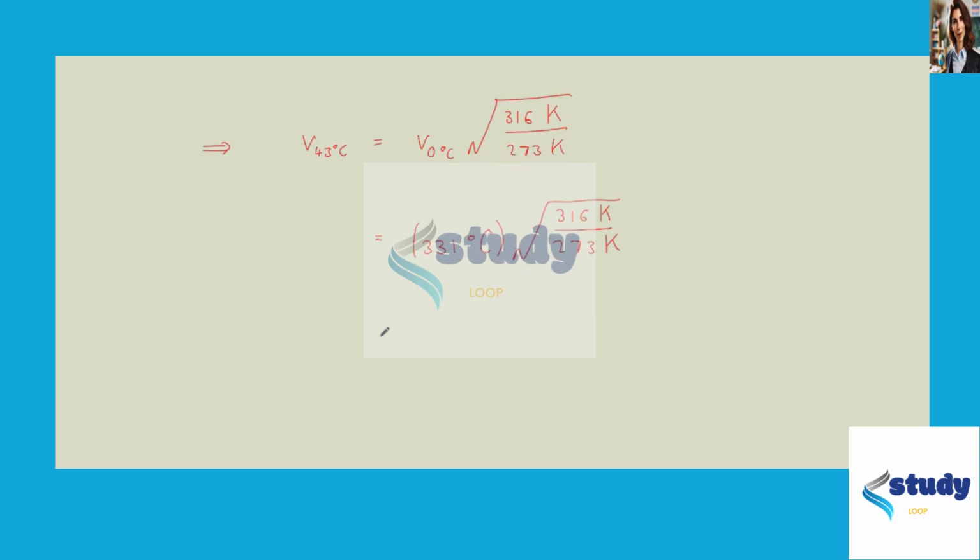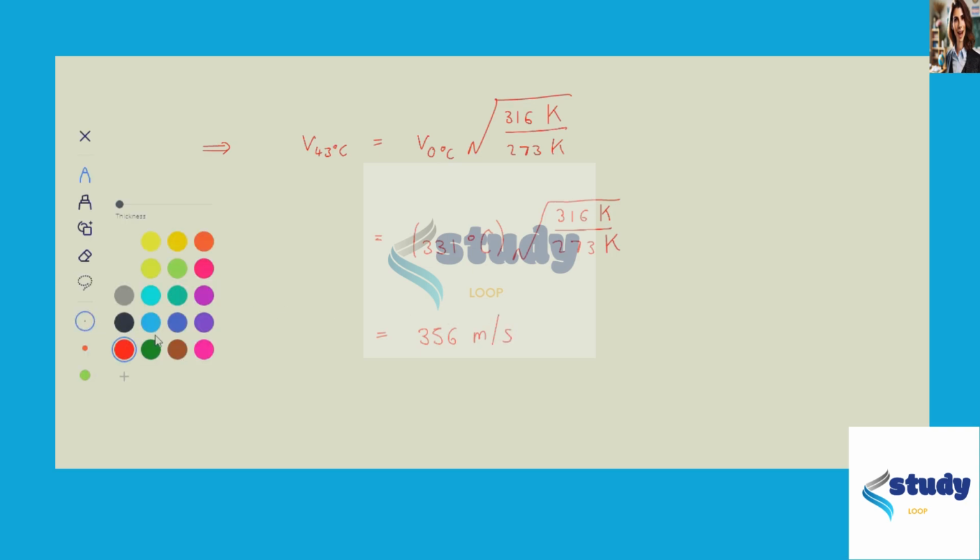And so if we calculate the speed of sound in air at 43 degrees Celsius, we get 356 meters per second. So the jet-powered car needs to exceed a speed of 356 meters per second to break the sound barrier.